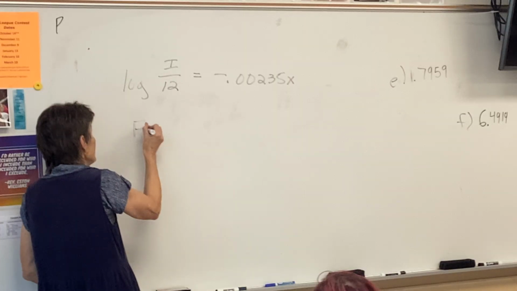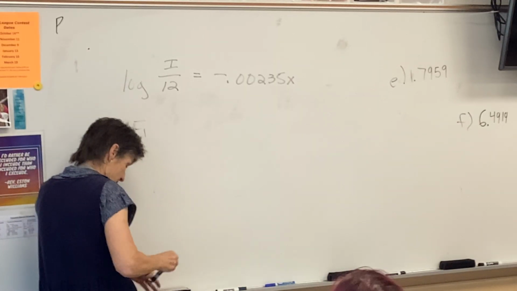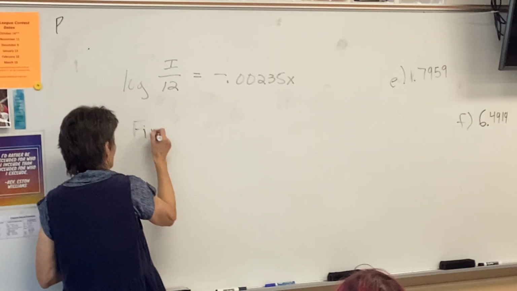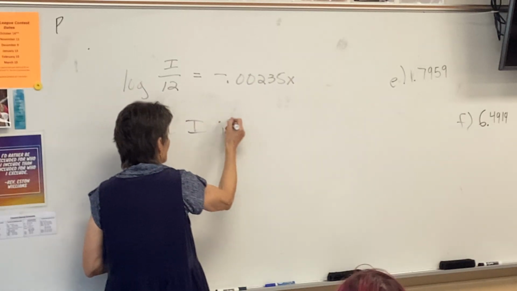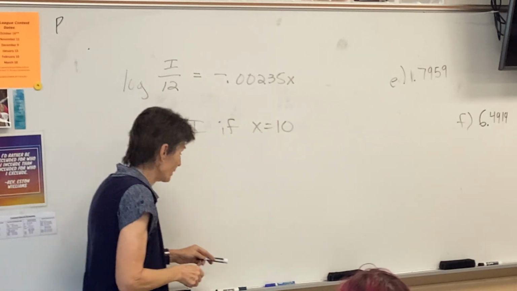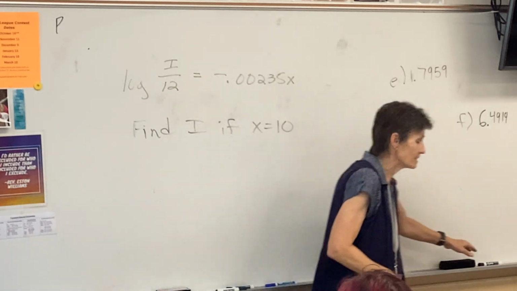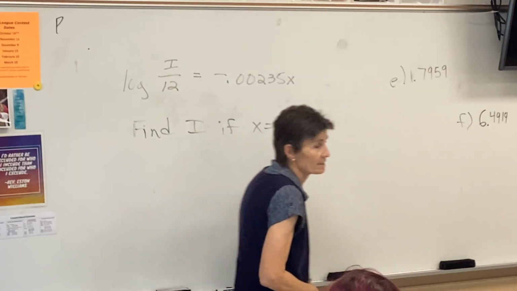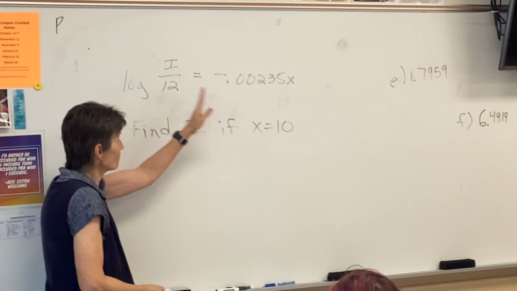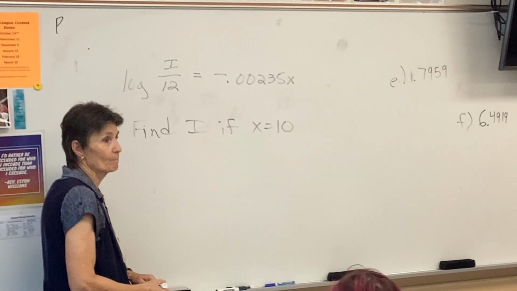Your job is to find I if X is 10 feet. So in other words, you're gonna find the intensity 10 feet down, okay? So what do you think we're gonna do? Here's our formula.